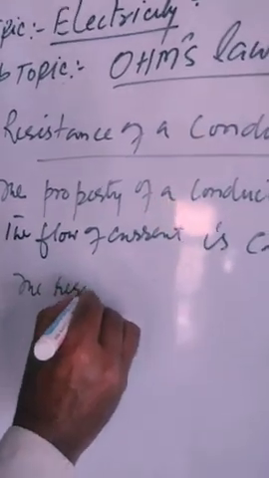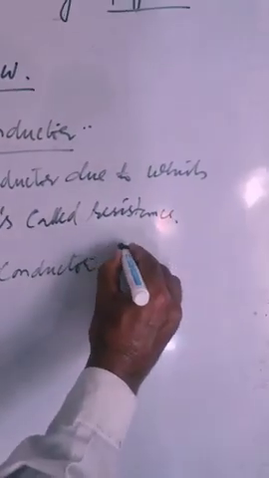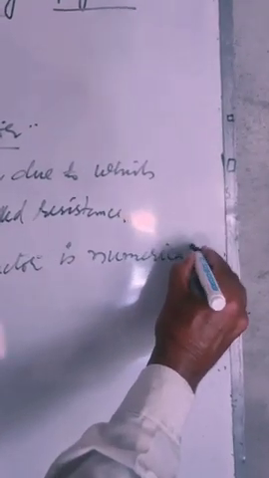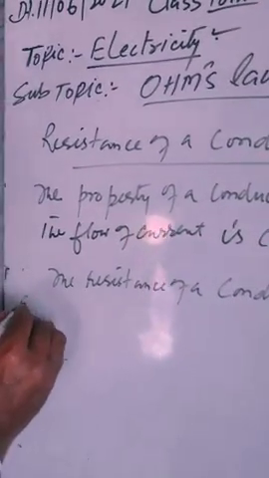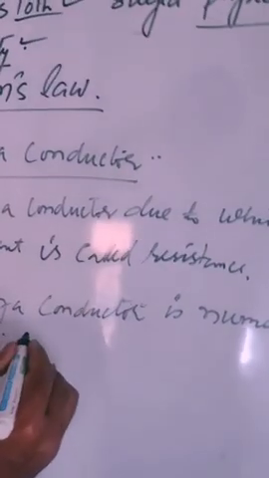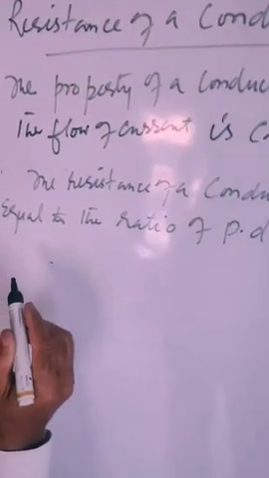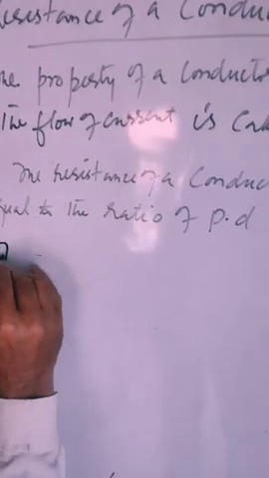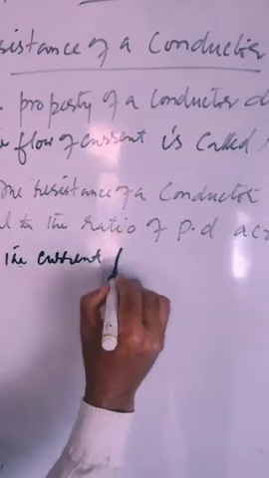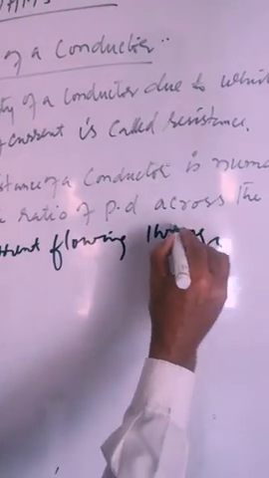The resistance of a conductor is numerically equal to the ratio of the potential difference across the ends of the conductor to the current flowing through it.